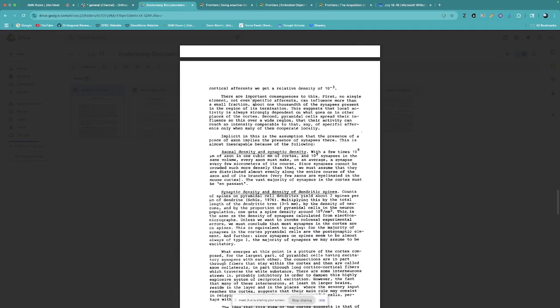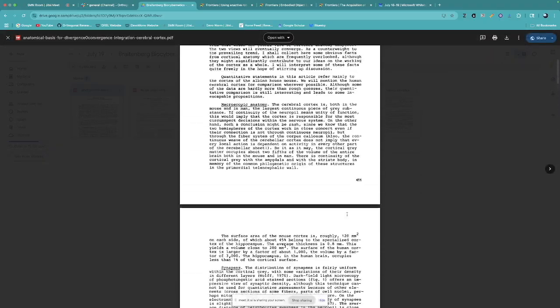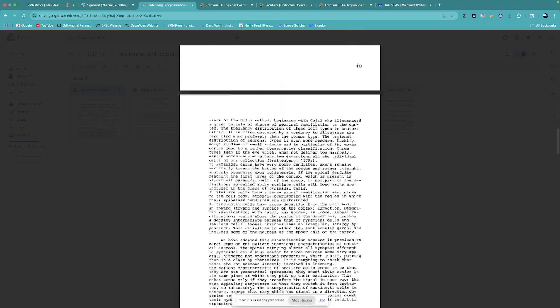So it's like this laundry list of what he's seeing in this model. This is the albino house mouse. So this is being compared to human cortex, but focusing on the albino house mouse.